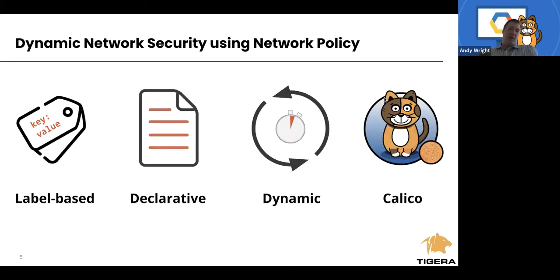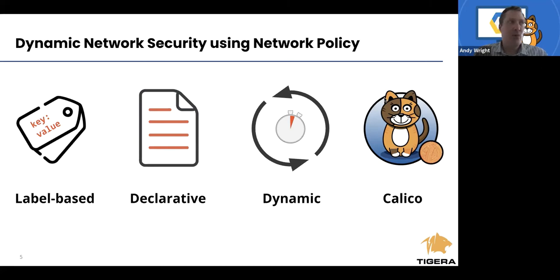So let's talk about what network policy is and how that's different from the traditional firewall. The traditional firewall, when you would implement that, is generally based on some identity, which is usually a network identity. We look at the IP address of a source and an IP address of a destination, and then we whitelist and enable that connection to occur.